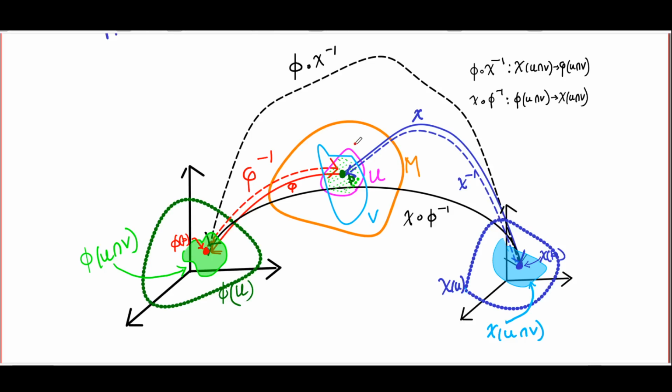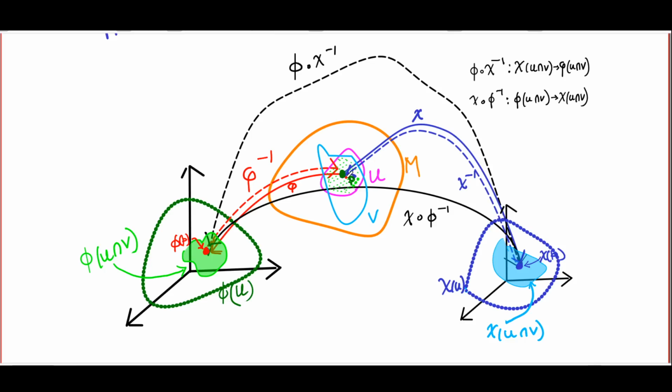Now our two charts u, phi and v, chi have domains u and v which are subsets of M. U is the region inside the magenta curve here, and v is the region inside this light blue curve here. And the intersection of these two regions has been shown here, shaded with these dotted green points. So that's the u intersection v.